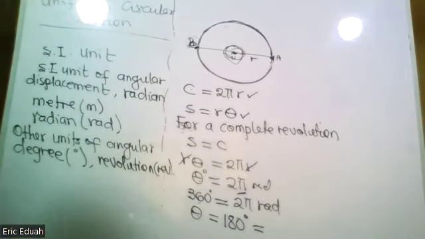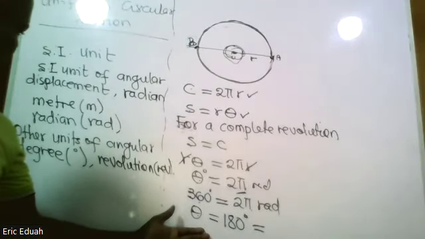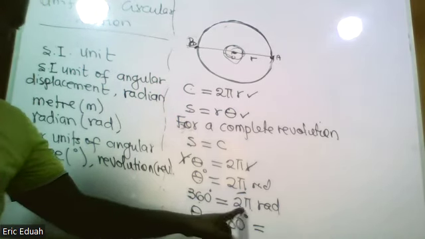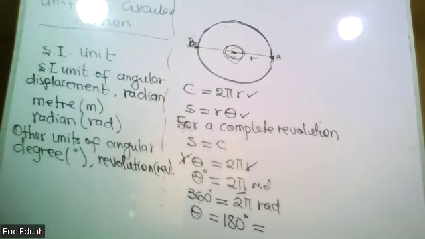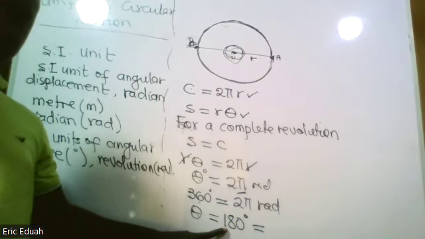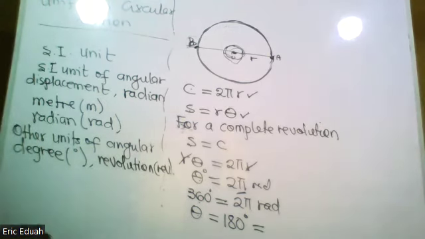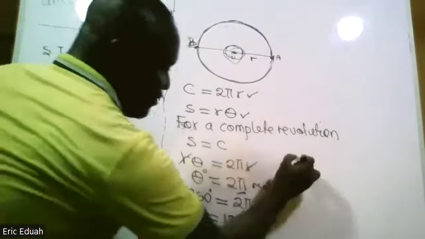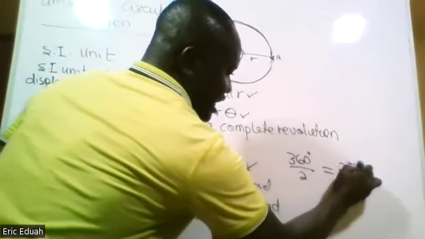Pi. It will be pi radian, because 180 is equal to 360 divided by 2, and so to get its equivalent, you also divide 2 pi radian by 2.